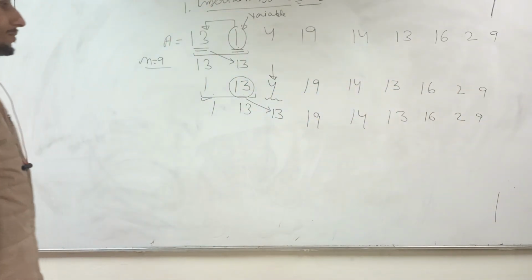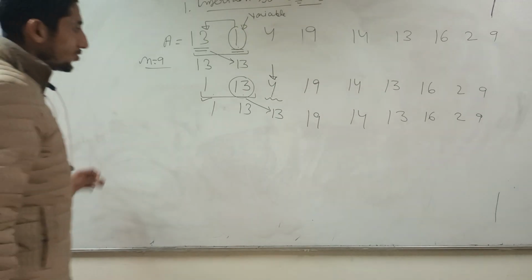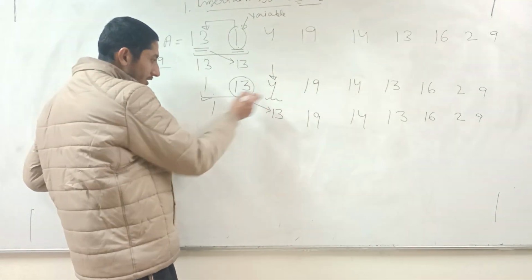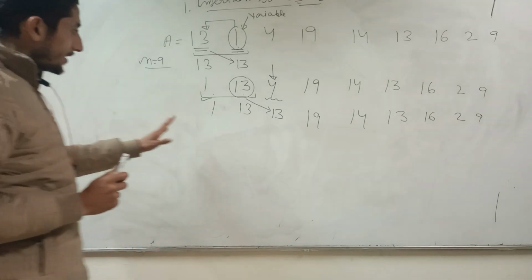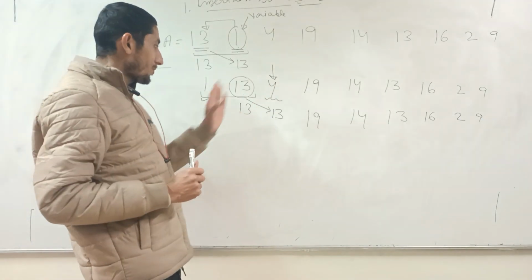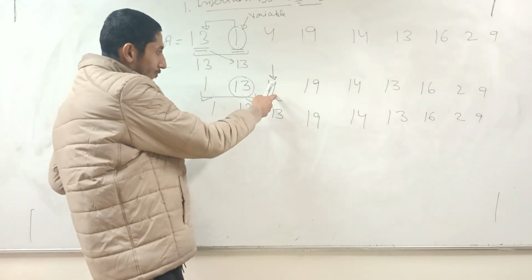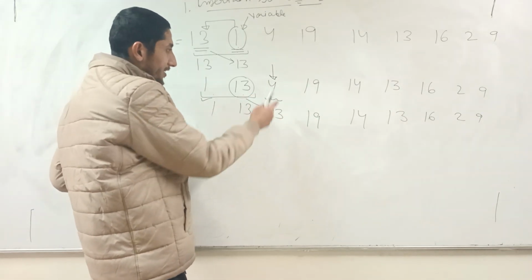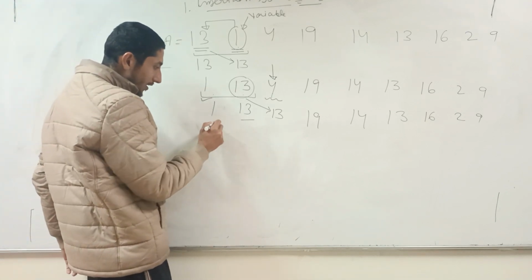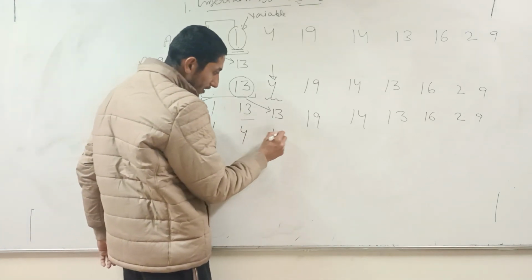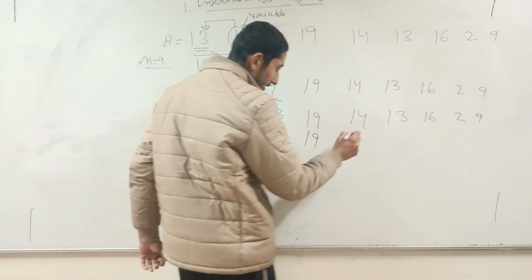The complete array remains as it is. Then I will compare 4 with 1. I realize 1 is in the correct position with respect to 4, because 4 should come to the right side of 1. So I will copy 4 here, and the remaining elements remain as they are.